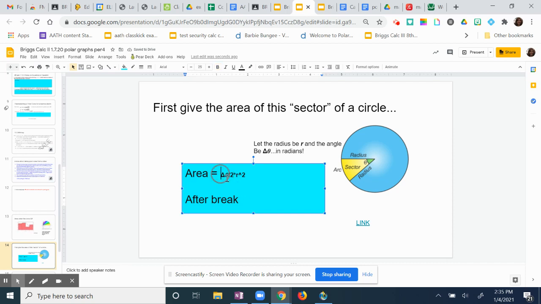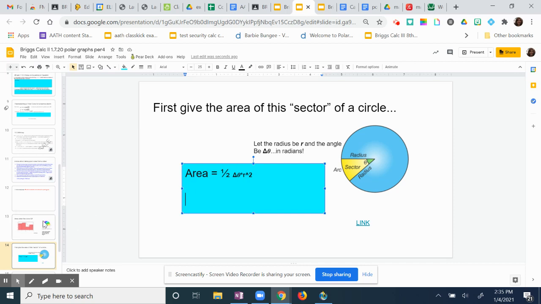Or put a little more succinctly, 1/2 of delta theta times r squared. That gives us the area of our sector. Look at how the pi's are gone. That's the area of one sector.